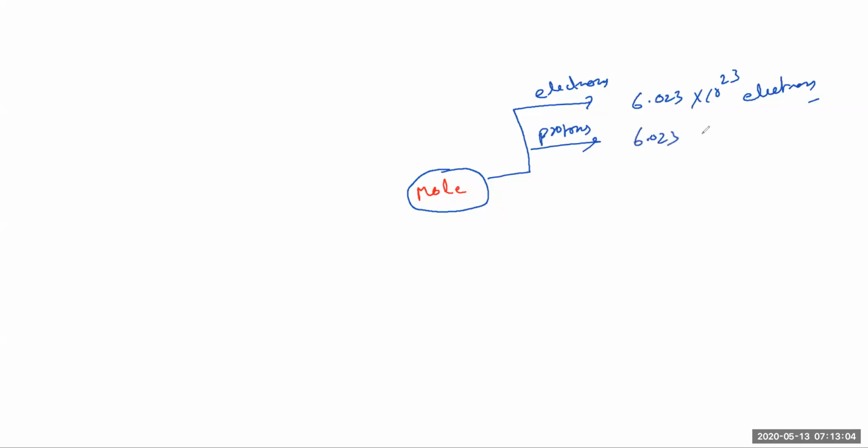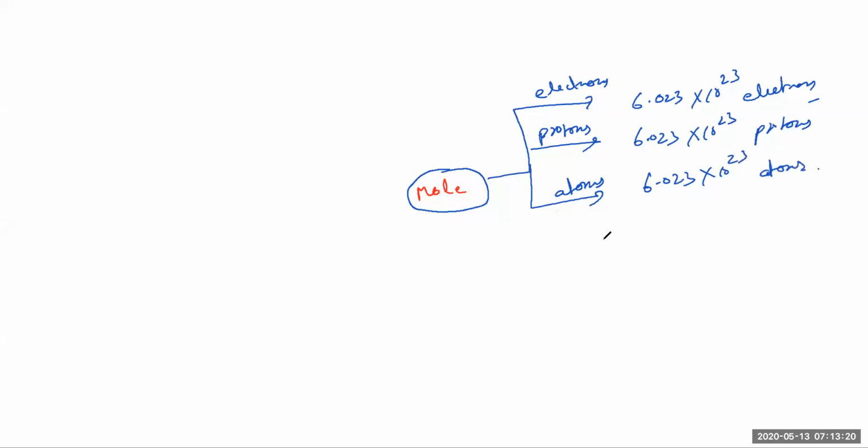Mole. You know, 1 mole electrons. Suppose 1 mole electron means, what is 1 mole electron means? Avogadro number of electrons, 6.023 into 10 power 23 electrons. That means 1 mole protons means 6.023 into 10 power 23 protons. 1 mole atoms means 6.023 into 10 power 23 atoms.